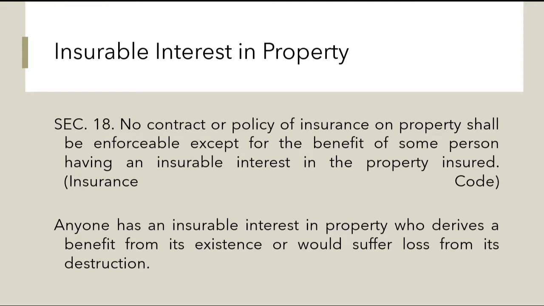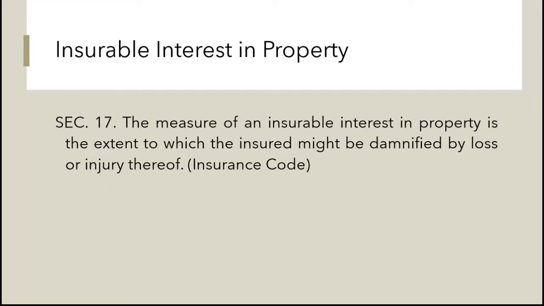Anyone has an insurable interest in property who derives a benefit from its existence or would suffer loss from its destruction. Section 17 provides the measure of an insurable interest in property is the extent to which the insured might be damnified by the loss or injury thereof.